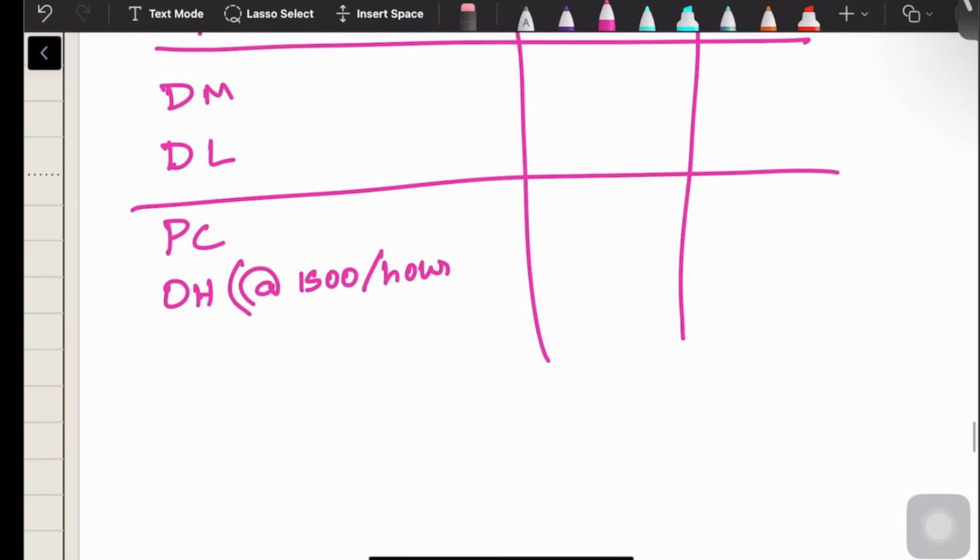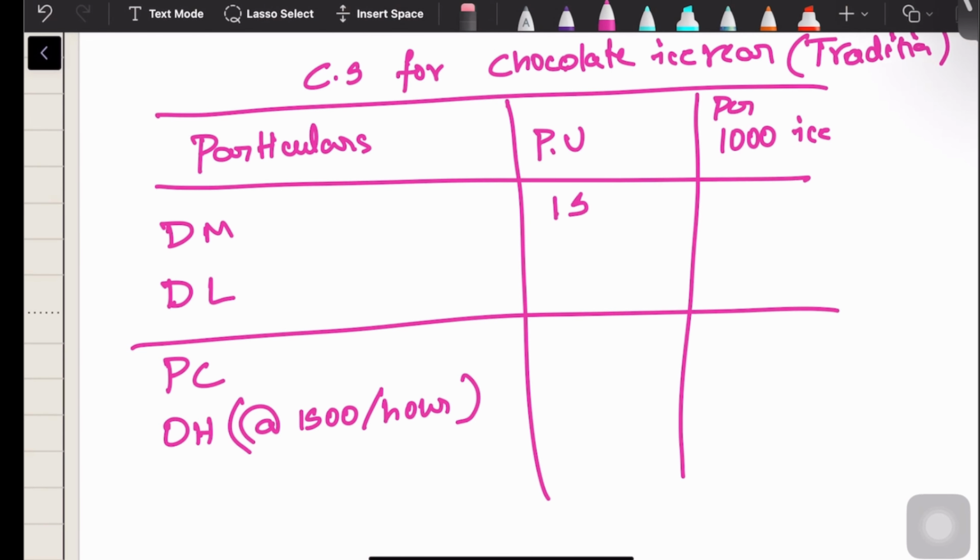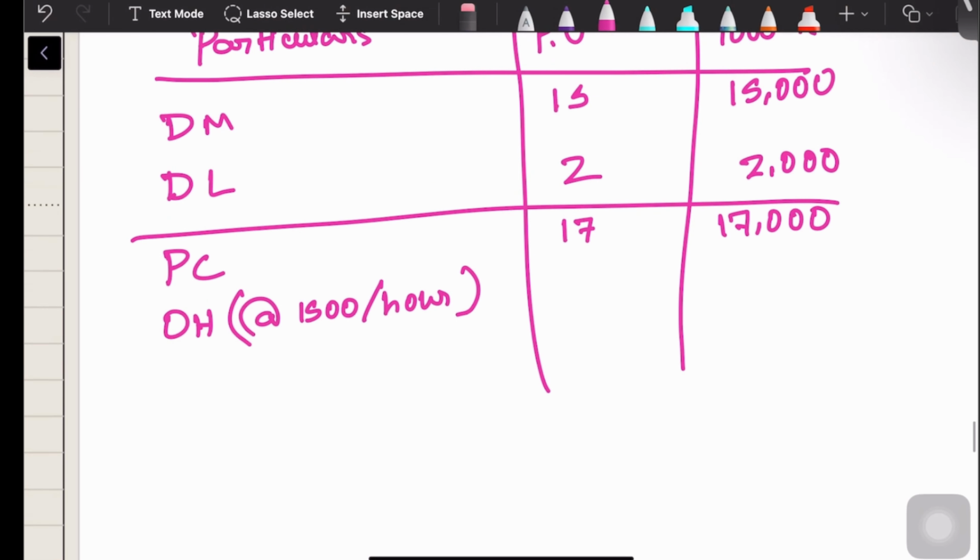Here overhead is absorbed at 1500 per hour. Direct material is 15 and direct labor is 2 per unit. So both are represented per unit. We can directly take them and compute the total in terms of per 1000 ice cream. So total per unit is 17 and total per 1000 ice cream is 17,000.